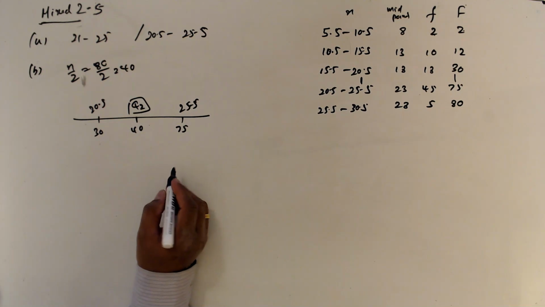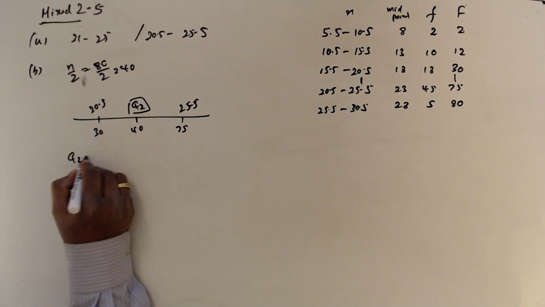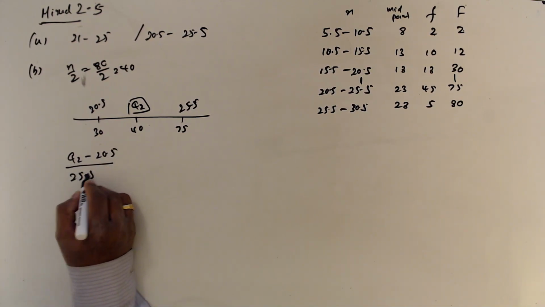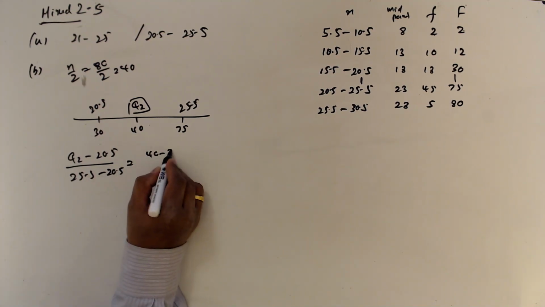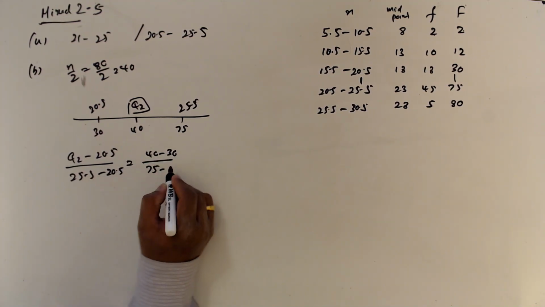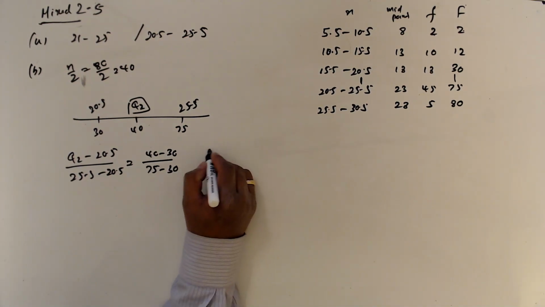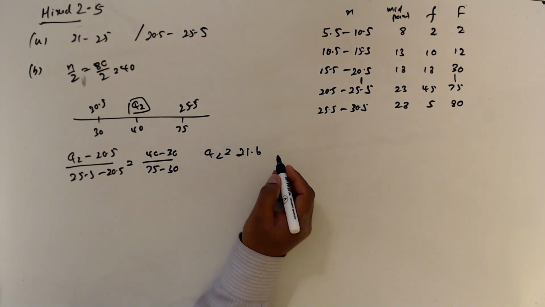Q2 is the median, the second quartile. So Q2 minus 20.5 over 25.5 minus 20.5 equals 40 minus 30 over 75 minus 30. Then Q2 you will get 21.6.